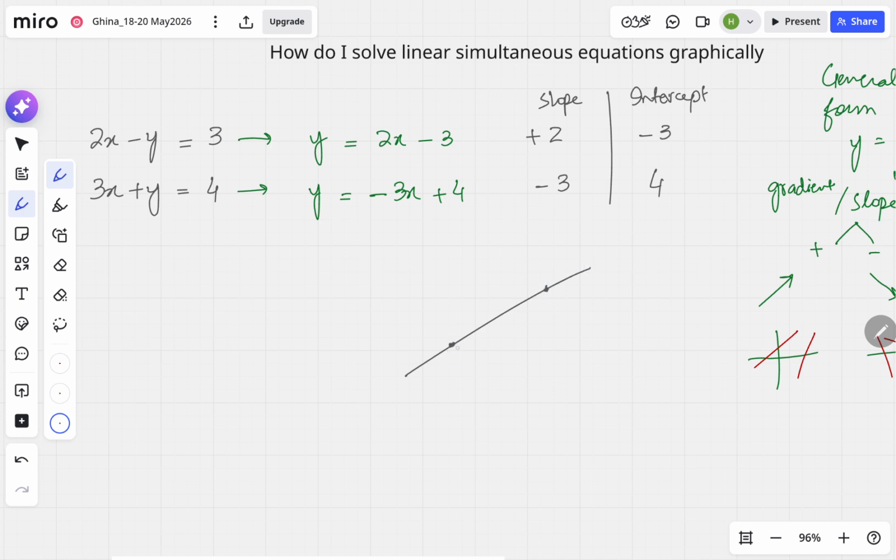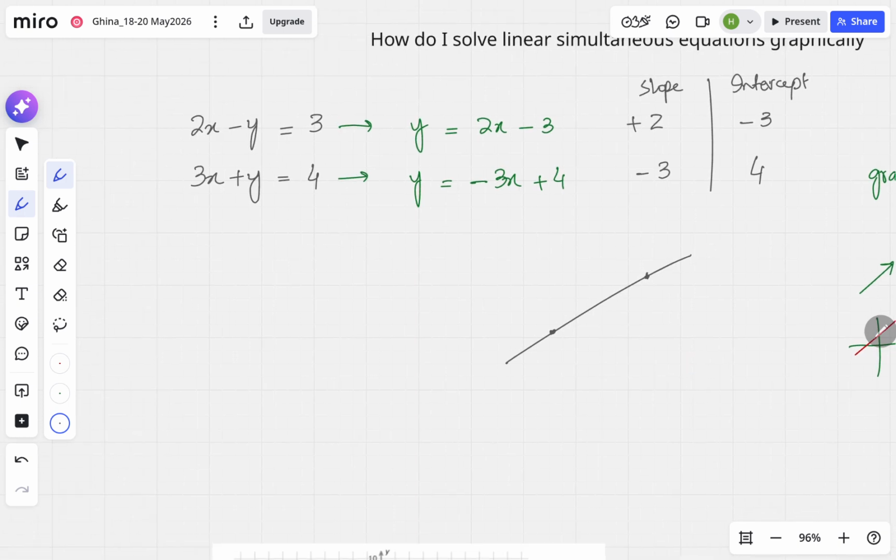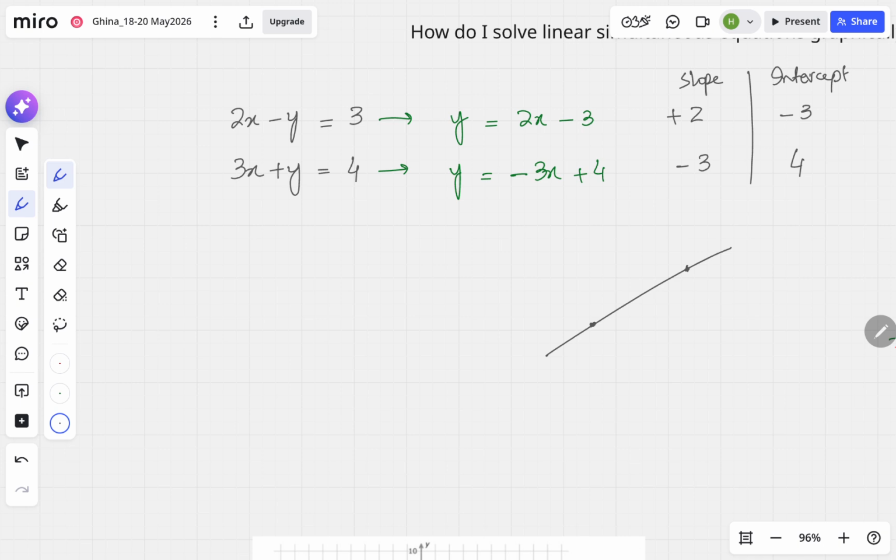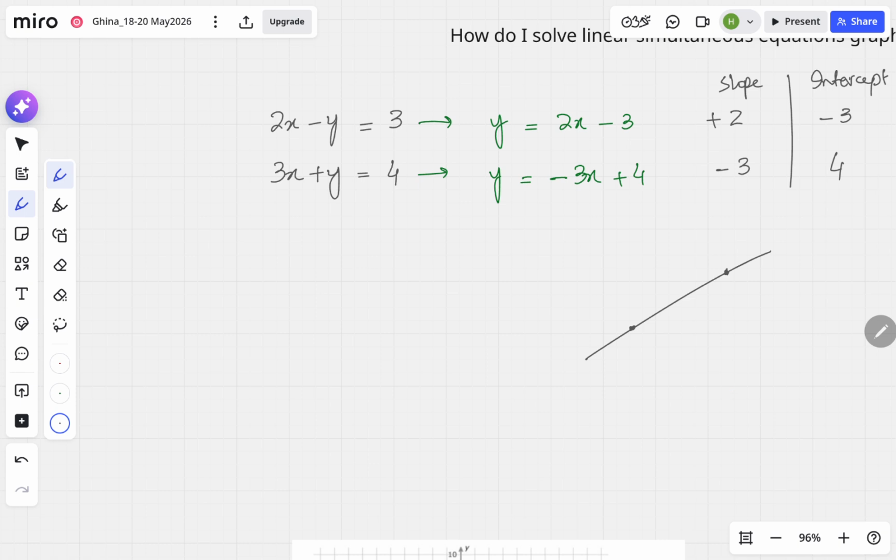When you join them with a ruler, it will give you the straight line. We know this intercept point, minus 3, so to get our line I am taking 2 to 3 more points.